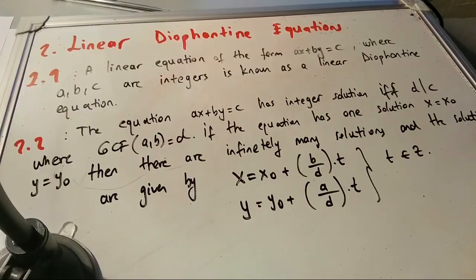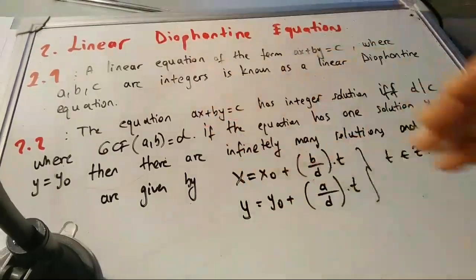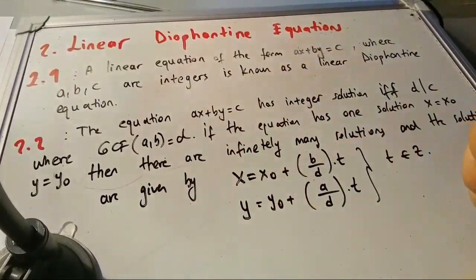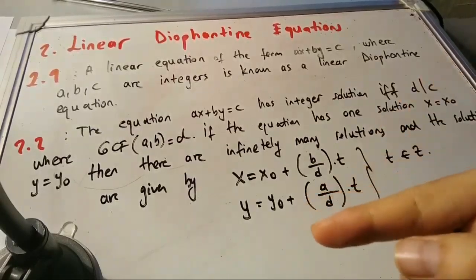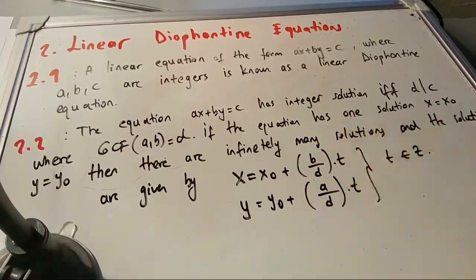But how can you find the values? To find this, we will use for x, x0 plus b over d times t, where t is an element of the integers. For y, y0 plus a over d times t as well.